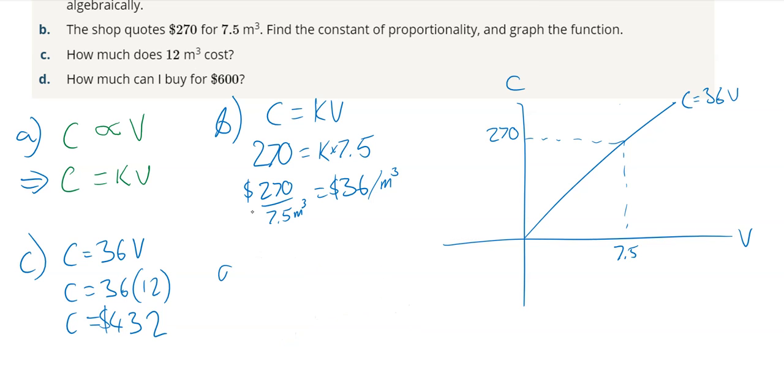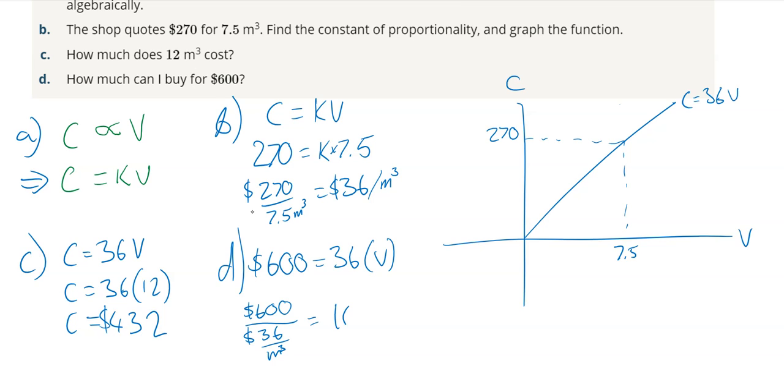Okay, part D. Well, how much can I buy for $600? So then clearly $600 is equal to $36 per cubic meter times V. So if we divide $600 by $36 over meters cubed, I'm going to be left with something in meters cubed. 16.67 meters cubed.